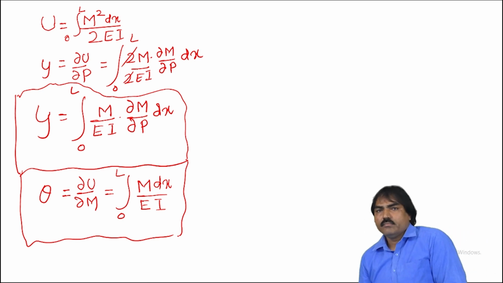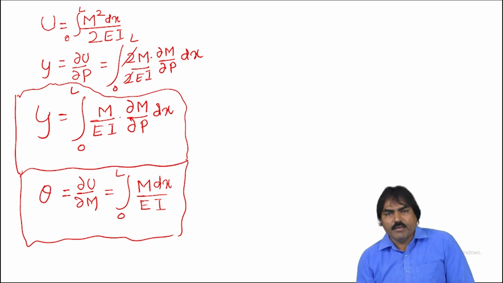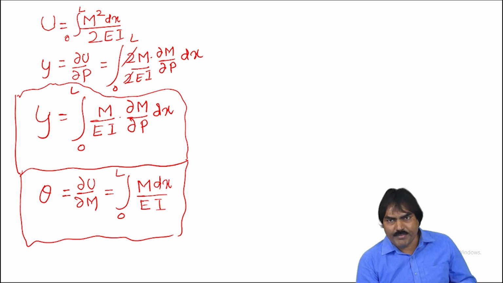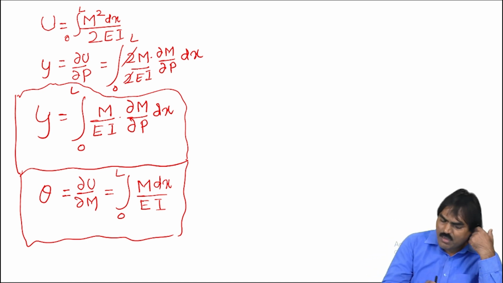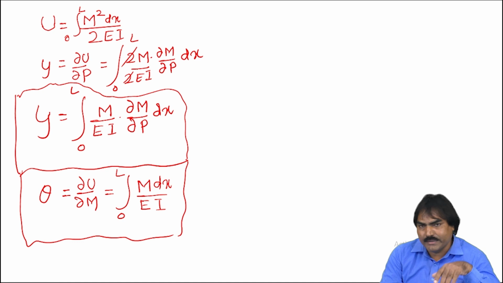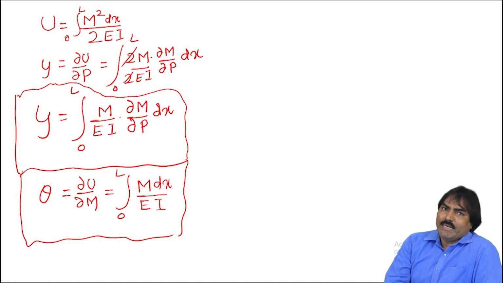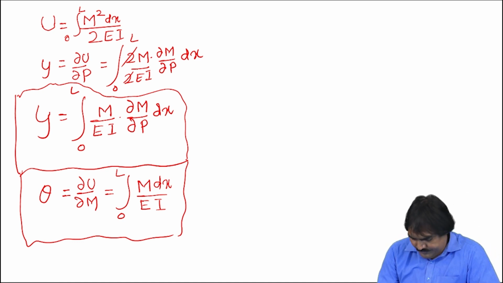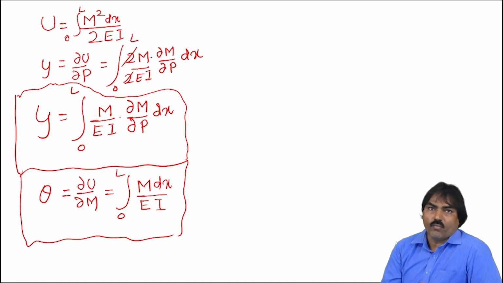Okay. So you can remember these equations either in the standard format or as a function of the moment and load, like this. Now let us take some examples to clarify this Castigliano's theorem.